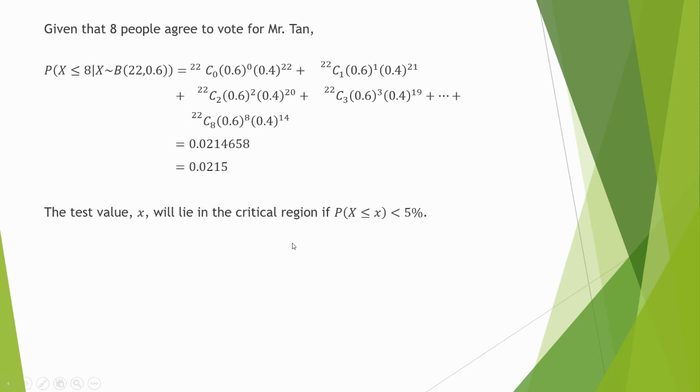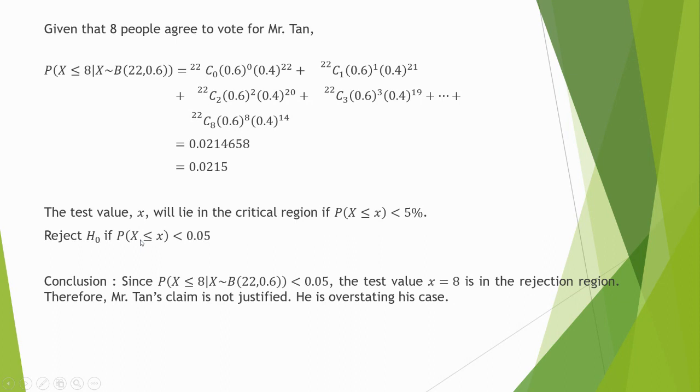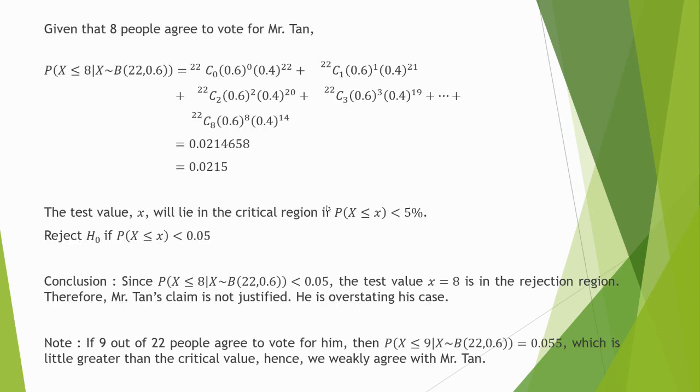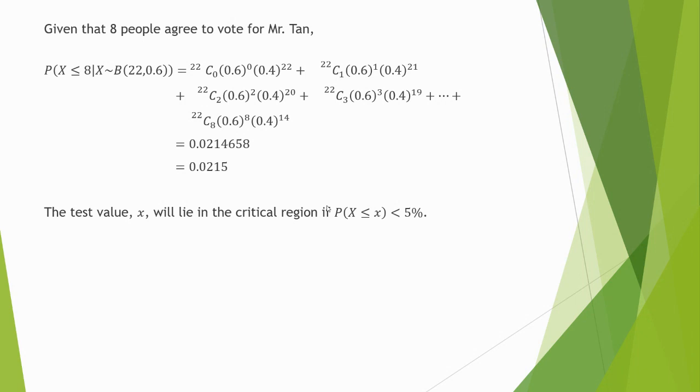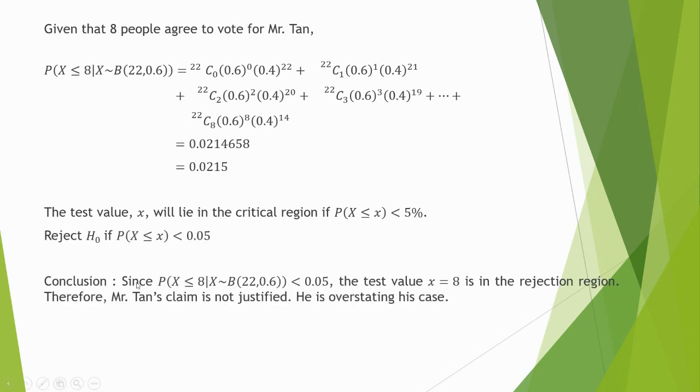The test value X will lie in the critical region if P(X less than or equal to x) is less than 5%. We reject H0 if the probability P(X less than or equal to x) is less than 0.05.